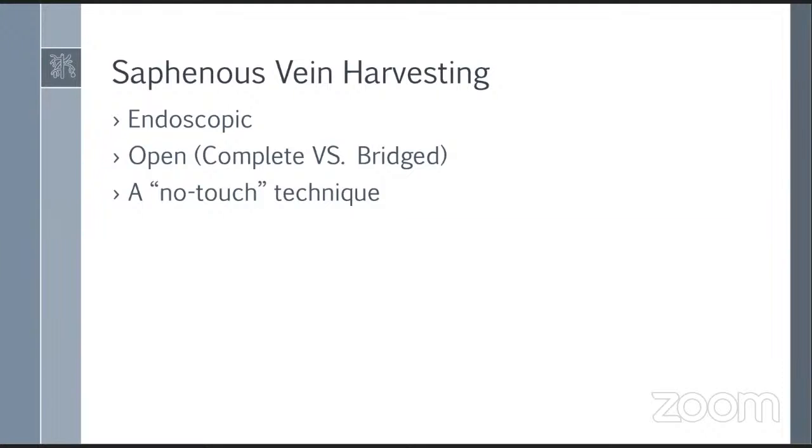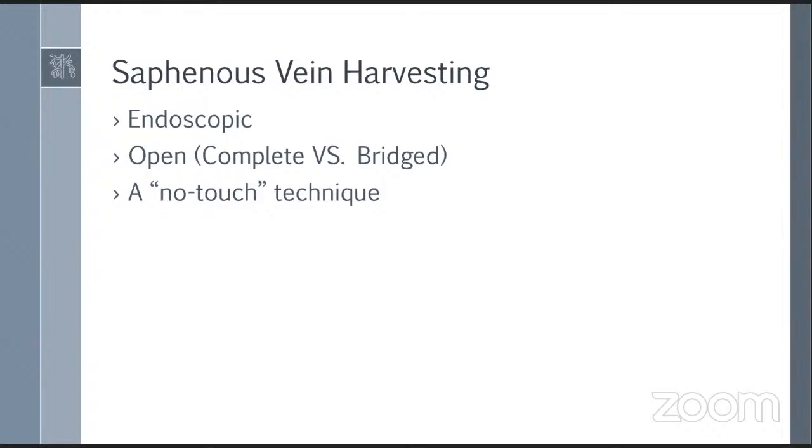The same trial I mentioned, the PREVENT-4 trial, found that endoscopic harvesting was one of the risk factors for graft failure. At 3-year follow-up of that trial, patients who underwent endoscopic vein harvesting had a higher death rate, 7.4% in comparison to 5.8% in open, with an increased risk also of myocardial infarction and repeat revascularization.